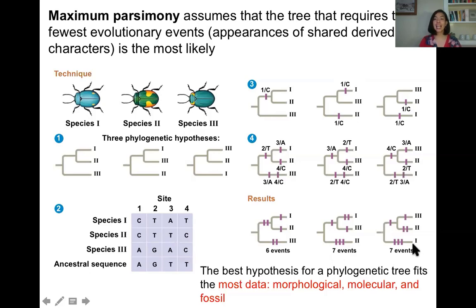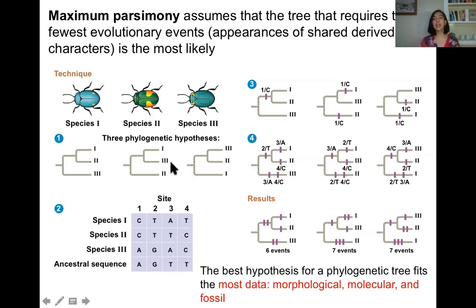In the maximum parsimony method, we prefer the phylogeny that has the fewest steps, the fewest appearances of shared derived characters, and that is hypothesis 1. So we will conclude that species 1 and species 2 are more closely related. I hope that makes sense.